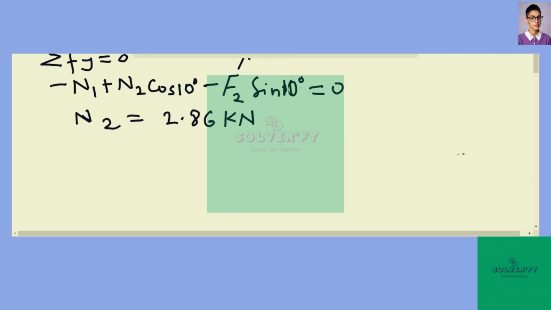Then you can consider equilibrium in the x direction for that same bottom wedge, being equal to zero, so that when you solve this, you're going to arrive at your P, that minimum force going towards the right, moving that wedge towards the right.